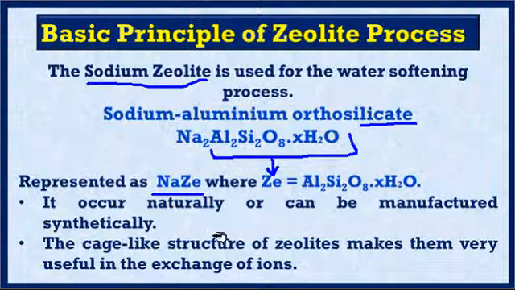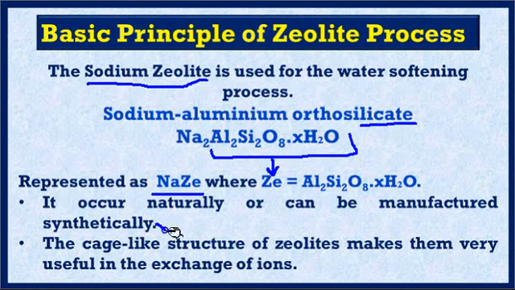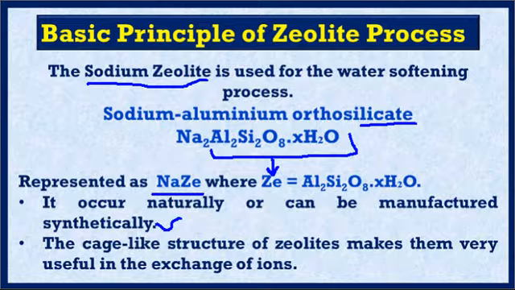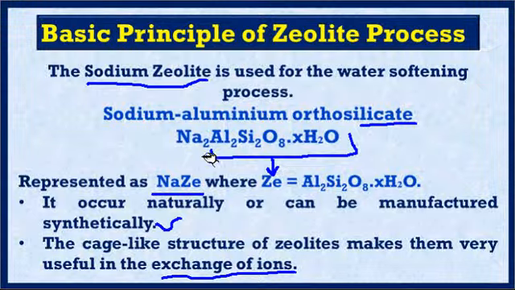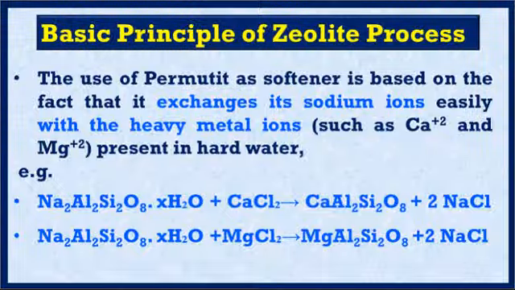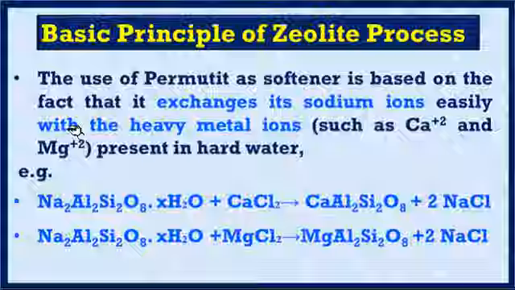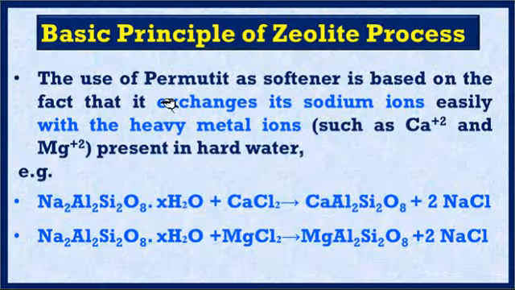This sodium zeolite occurs naturally, or it can be manufactured synthetically also. The main thing is that the cage-like structure of zeolite makes it very useful for the exchange of ions. That is why it is used for the water softening process, because it can easily exchange its sodium ions with calcium and magnesium ions. It is also called permutit.